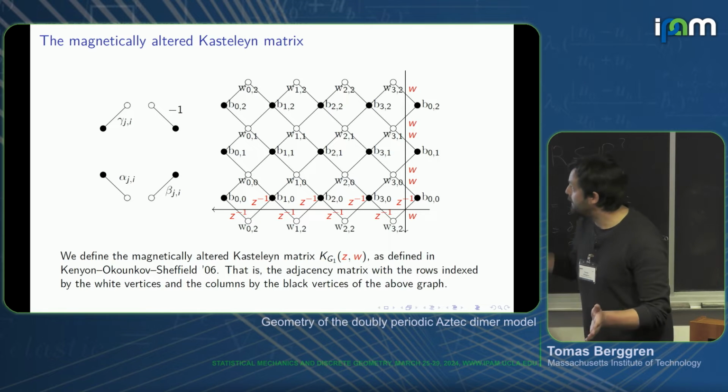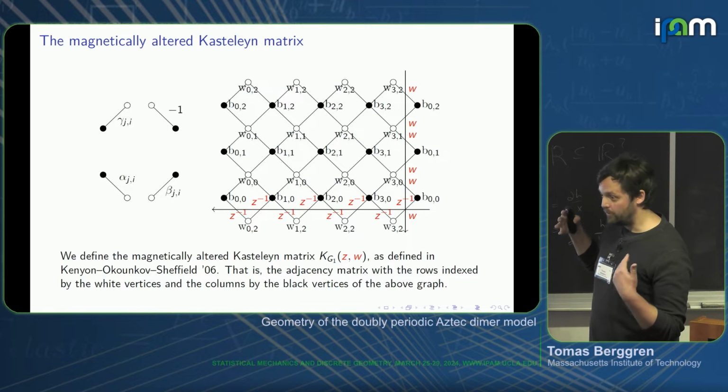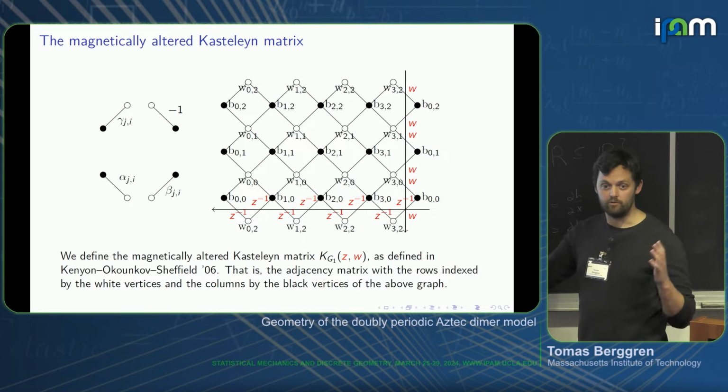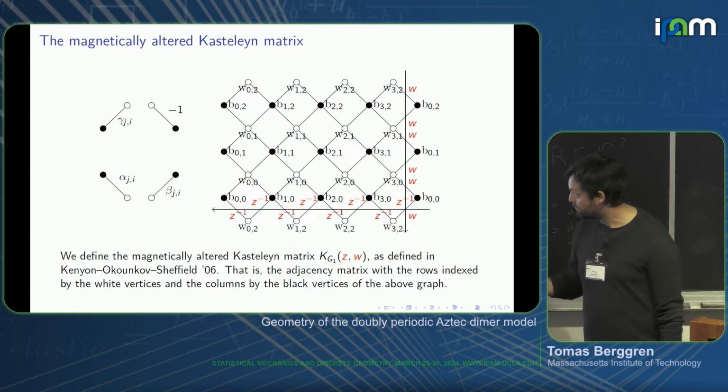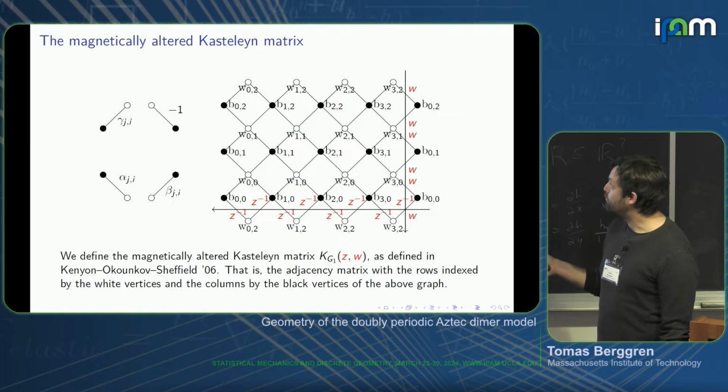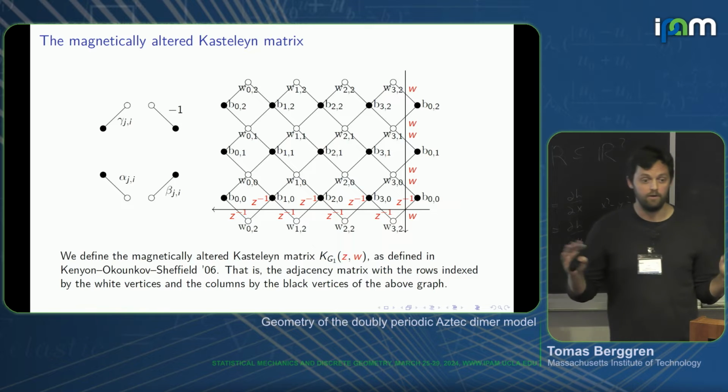So now we take the fundamental domain, which is the smallest non-repeating part of the graph, and we embed it in the torus. So we identify these vertices together with these vertices up here, and in the same way we identify these vertices with these vertices. Okay, so this is something living on the torus now.